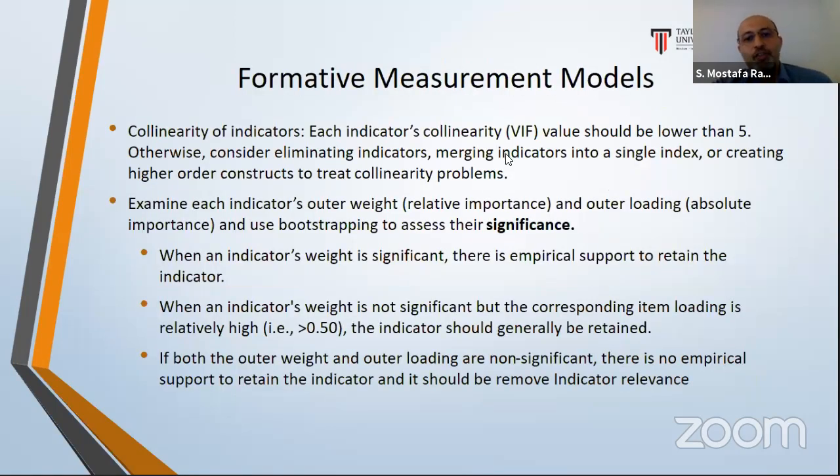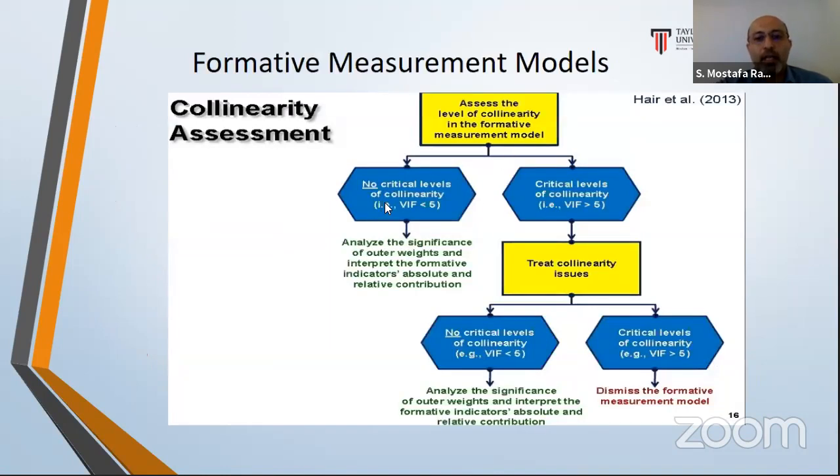For a formative construct, we need to check multicollinearity, VIF, and VIF should be lower than 5. Then we need to check the outer weight, and the outer weight should be significant. If outer weights are not significant, we cannot easily delete a formative item.